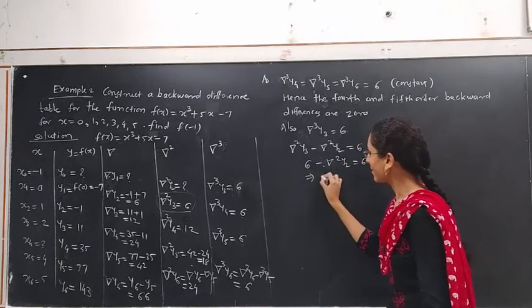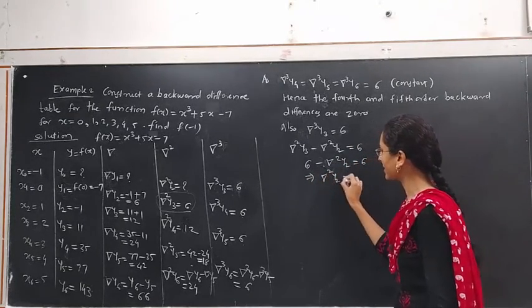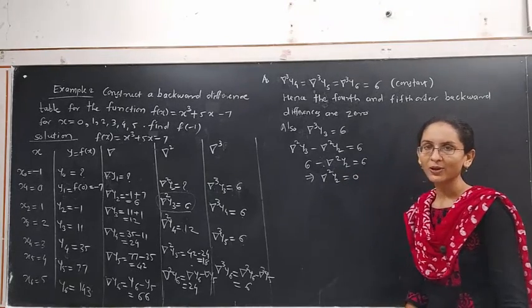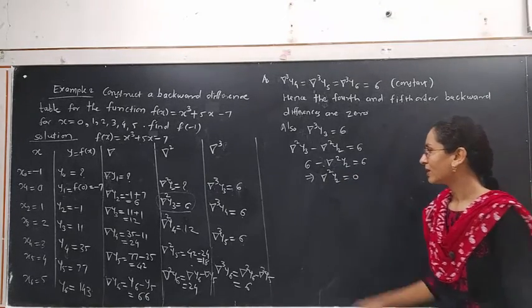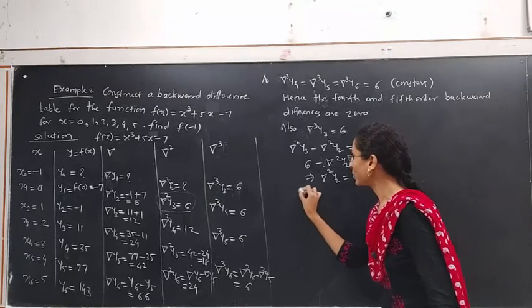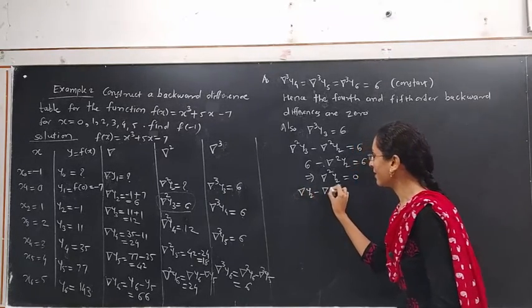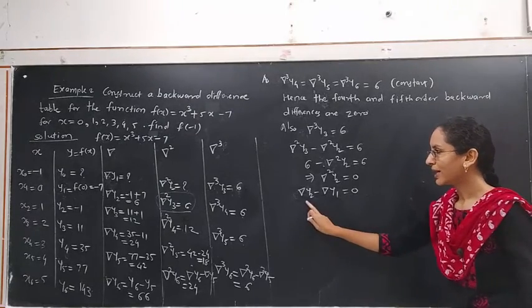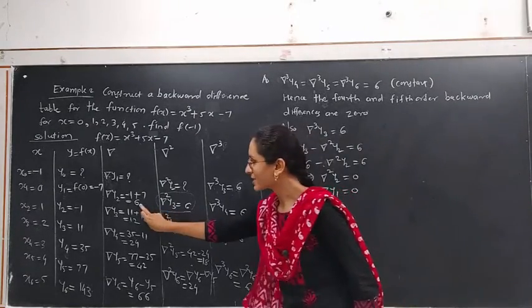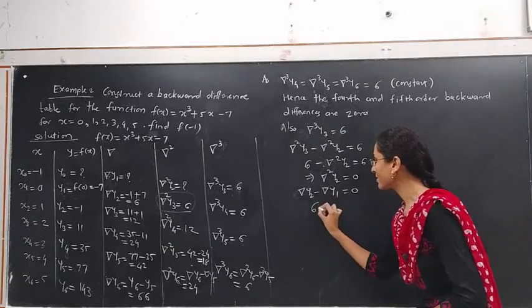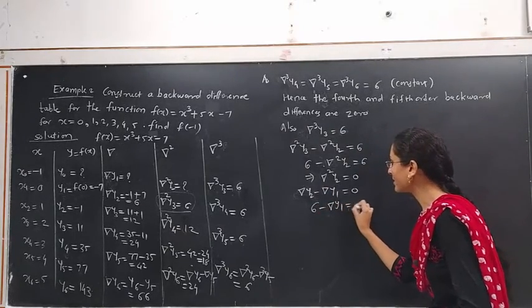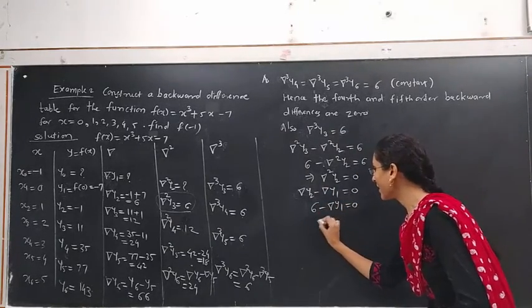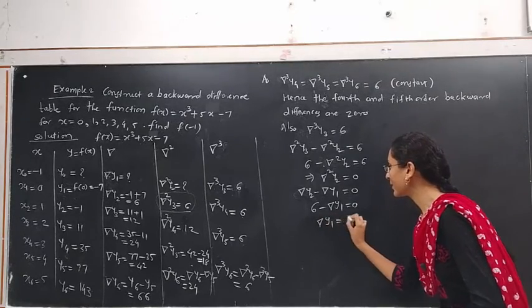This implies del square y2 is equal to 0. But what is the formula for del square y2? That is del y2 minus del y1 is equal to 0. We know del y2 value is 6. Hence, 6 minus del y1 is equal to 0. Hence, del y1 is equal to 6.